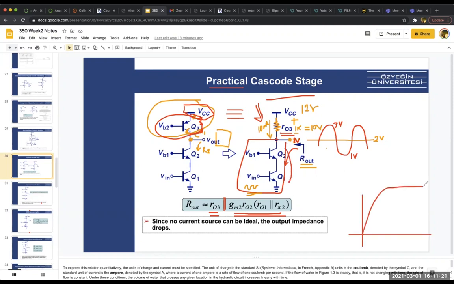We want these circuits to be working at certain values at VC, maybe 0.3 volt, maybe 1 volt will be enough, maybe 0.5. So at some point, if this drops, then this transistor might go off, because due to these swings, this transistor will stop operating.